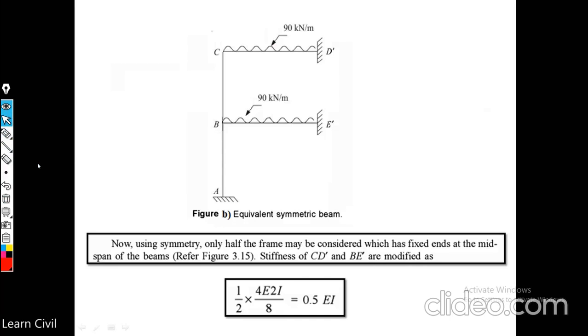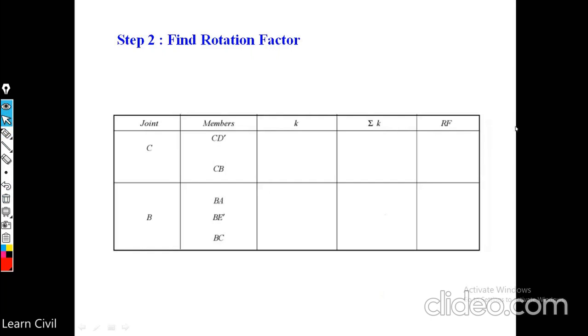Stiffness for member CD dash, as we have already found out, is 0.5 EI. You can see here for CD dash and BE it is 0.5 EI. For CB it will be 4 EI by L. Therefore we get the stiffness as EI, and summation of K for joint C will be 1.5 EI.